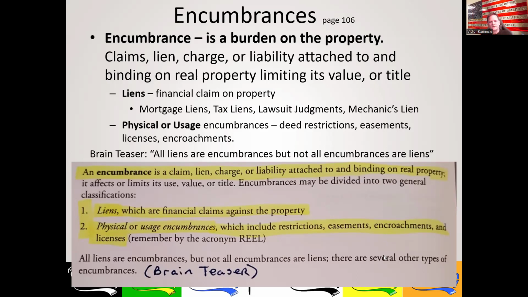What's that? The physical and usage encumbrances, the deed restriction, right? Can they be used as a determinable? Well, hold on a second.